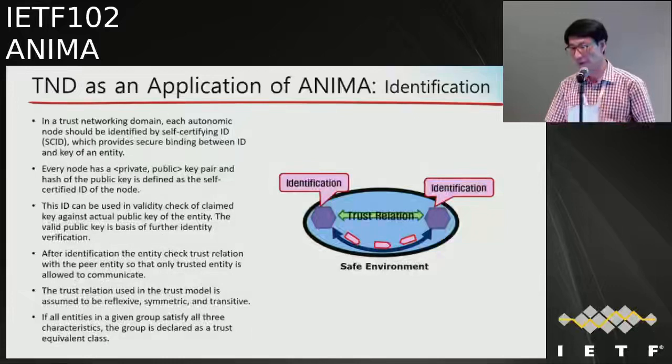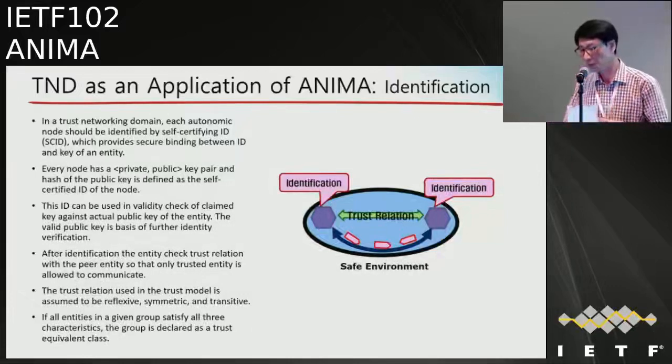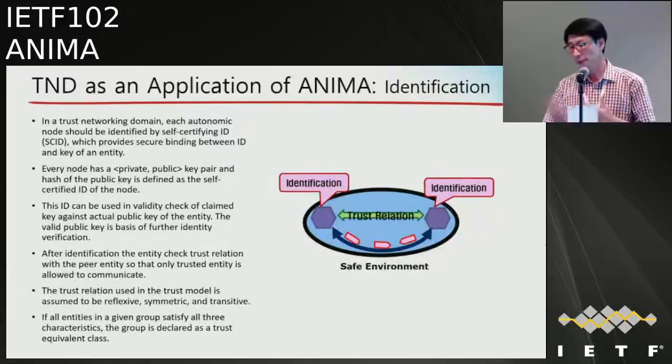So here, for the mentioned process, the first step is identification. In a trust networking domain, each autonomic node should be identified. As an example, in our proposal we define an ID called a self-certifying ID, which is a private and public key pair, and the hash of the public key is defined as the self-certified ID of the node.